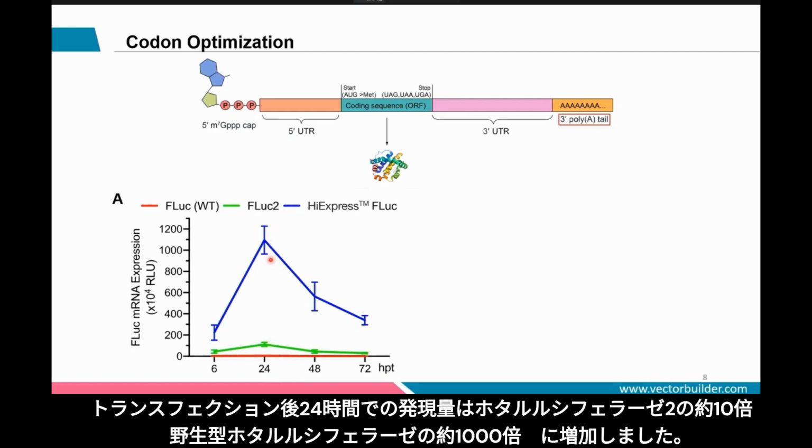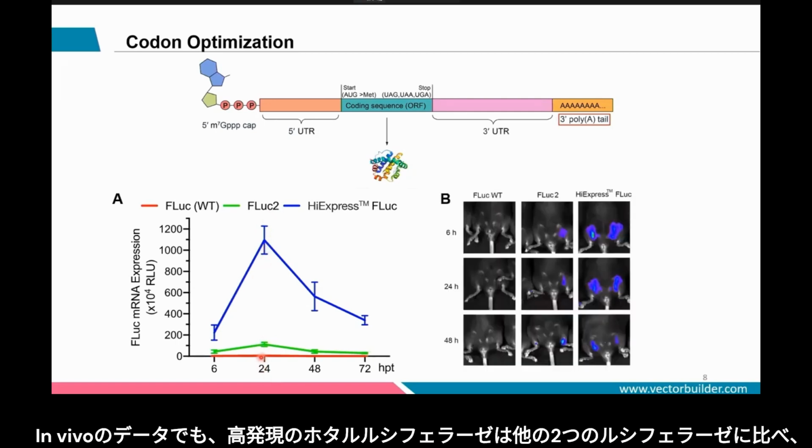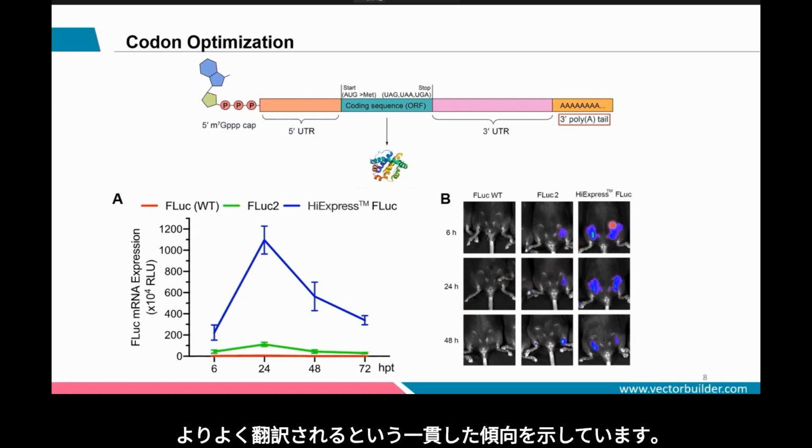Its expression at 24 hours post-transfection is about another 10-fold increased compared to firefly luciferase 2, which means it is about 1,000 times increased compared to the wild-type firefly luciferase. In vivo data also shows a consistent trend that the high-expression firefly luciferase is much better translated compared to the other two.